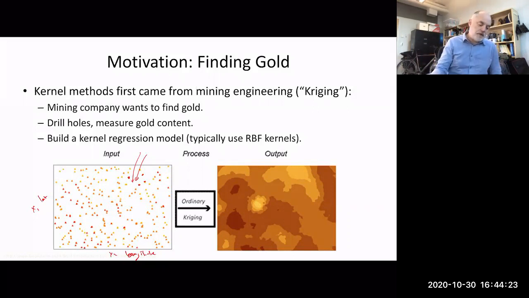Okay, so kriging is a kernel regression method that came from mining and geotechnical engineering, and it's basically using radial basis function kernels in the kernel regression framework that we just talked about. Pretty cool.